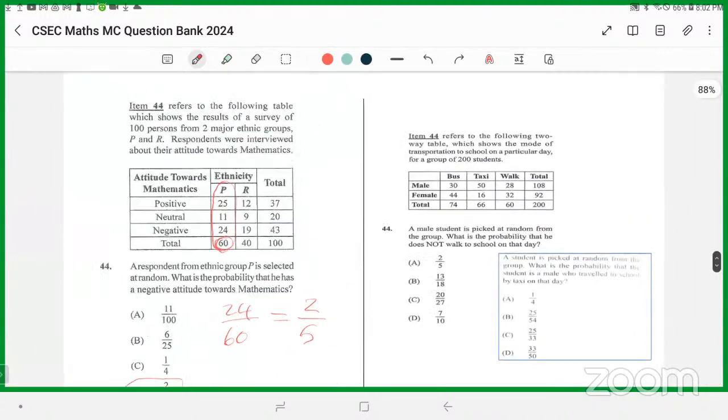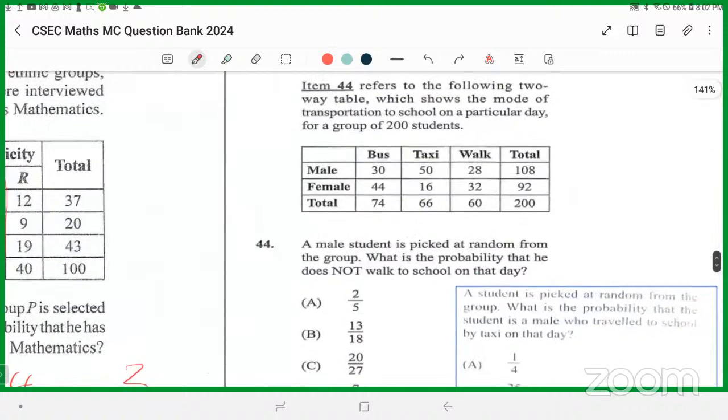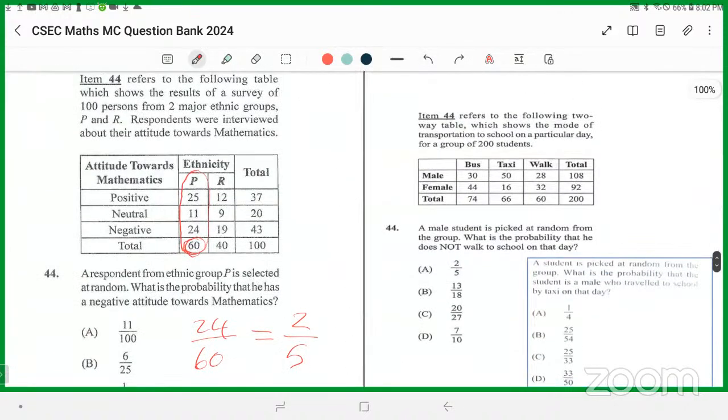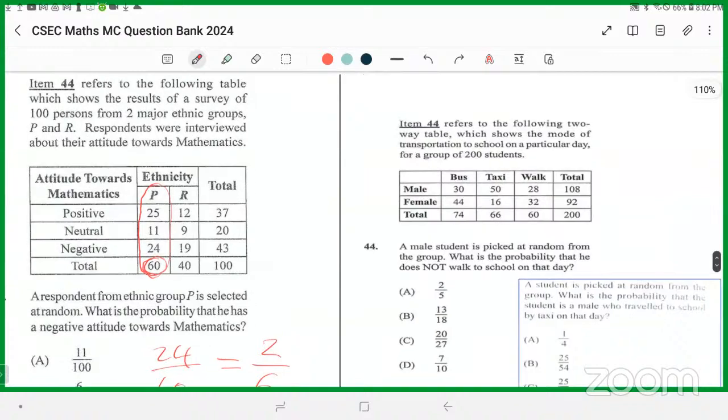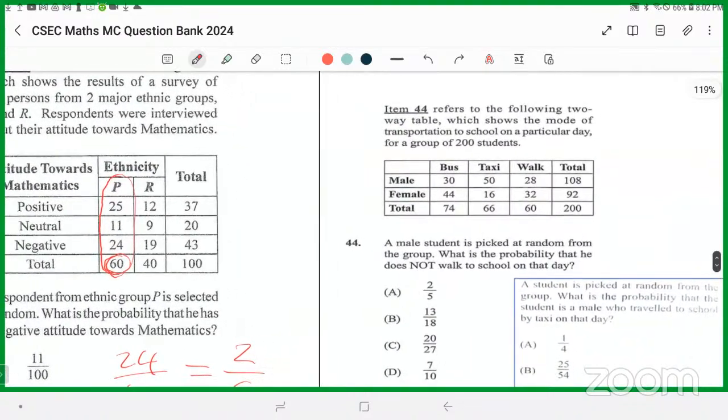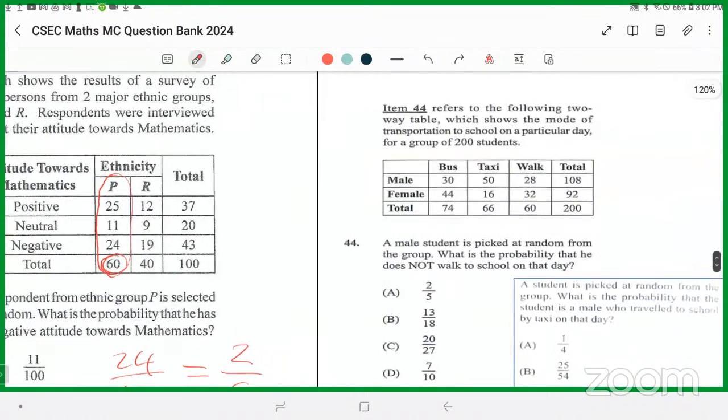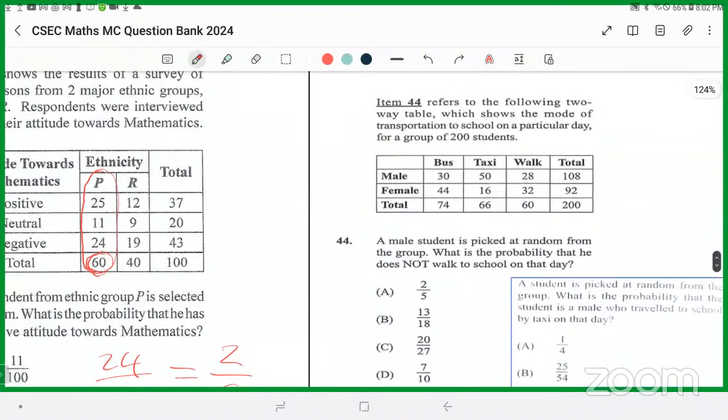Here's another one that asks multiple questions on different papers. This is from one paper and this is from a different paper for the same table. Item 44 refers to the following two-way table, which shows the mode of transportation to school on a particular day for a group of 200 students.